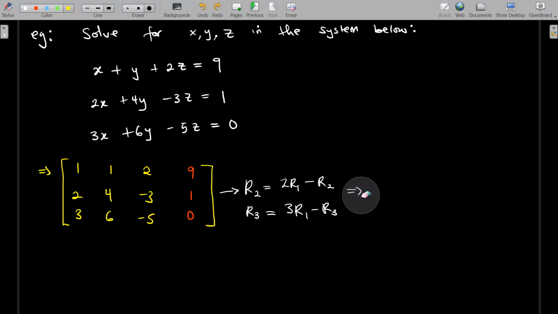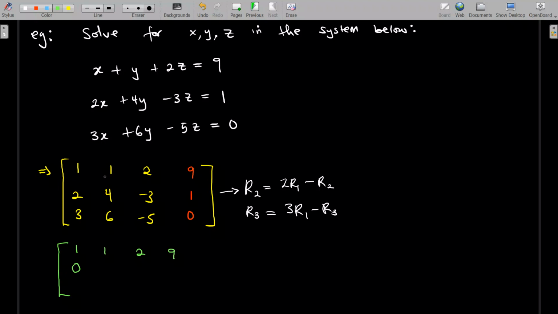Let me put it here, and let me write this with a new color. The only thing that we did not transform was the first row, so I'm going to write everything. Let me just use the same color for everything so that we can go through it fast. If I do that, I'm going to get 0 here, because 2 times 1 will give me 2, and then minus 2, I have 0.